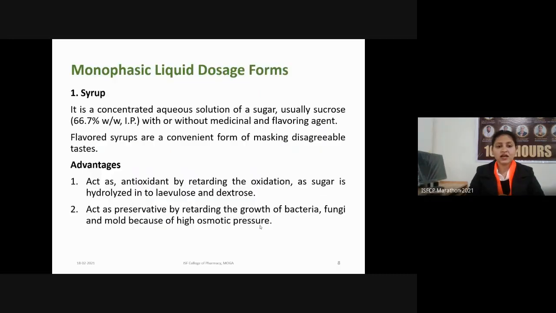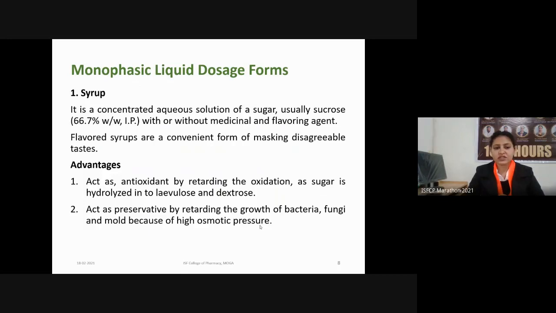Our first monophasic liquid dosage form preparation is syrup. Syrup is a concentrated aqueous solution of sugar, usually sucrose, in the concentration of 66.7% weight by weight, according to the IP, with or without medicinal and flavoring agents.